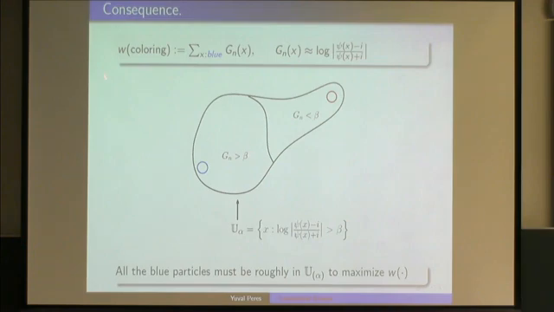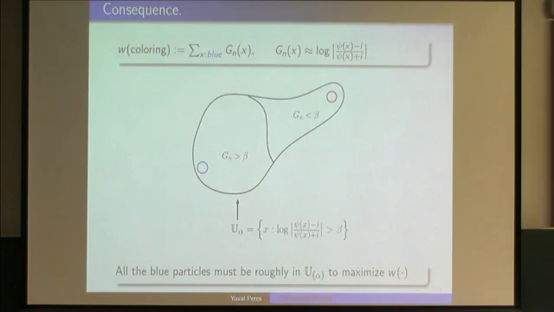Because the Green function in the graph is close to the Green function in the continuum, these domains, Gn bigger than beta and Gn less than beta, are just separated by one of these hyperbolic geodesics, or conformal images of hyperbolic geodesics. So if you're summing Gn and you want to maximize the value, you will just take everything above a level set, since the number of blues is fixed, right?